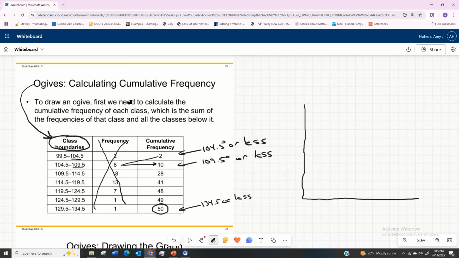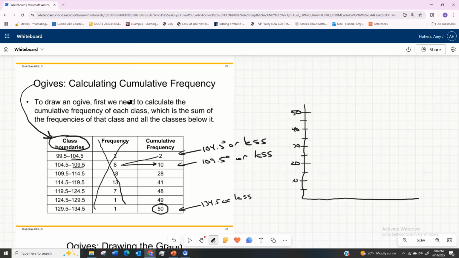So this might be a good time to go by 5s instead of by 2s. Because if we went by 2s, we'd have 25 marks. So I think in this case, I'm going to mark every 5 and then just label every other one. Okay, so here's 5, 10, 15, 20, 25, 30, 35, 40, 45, 50.